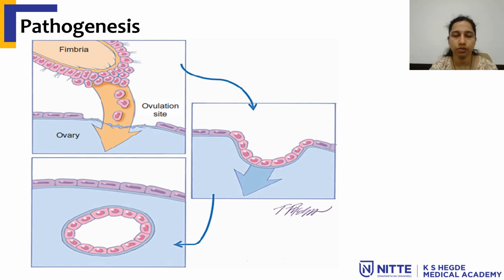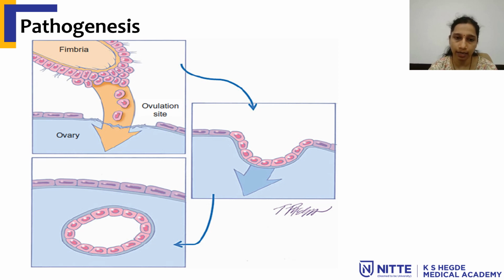Coming to the pathogenesis of serous ovarian tumor. So various studies have shown that the origin for serous ovarian tumors is fallopian tube epithelium. So during ovulation, there is rupture of ovarian surface epithelium. As the fallopian tube is immediately adjacent to the ovary, the epithelium from the fallopian tube can get implanted through this rupture site over the ovarian surface.